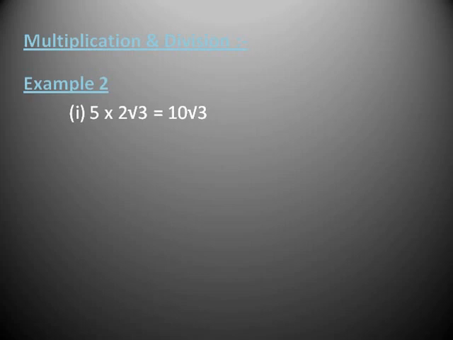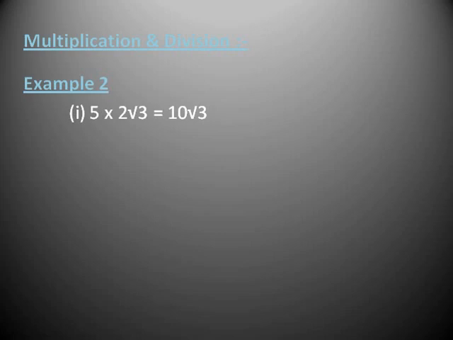Now let us see what we get when a rational number is multiplied with an irrational number. Just see the example written here. 5 multiplied by 2 root 3. Here 5 is a rational number and 2 root 3 is an irrational. Now multiplying 5 into 2 we get 10. And root 3 will be as it is, so the answer we get is 10 root 3, and it is an irrational number.